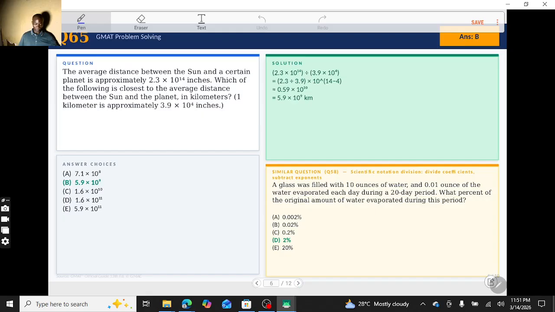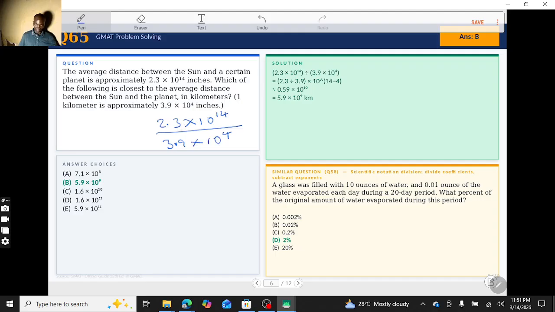The average distance between the sun and a certain planet is approximately 2.3 times 10 raised to the power 14 inches. And 1 kilometer is approximately 3.9 times 10 raised to the power 4 inches. I would have preferred to put this side by side to say 2.3 times 10 raised to the power 14 divided by 3.9 times 10 raised to the power 4.